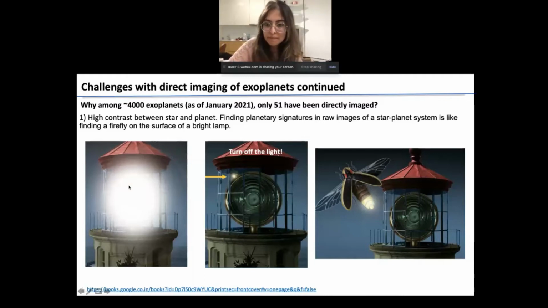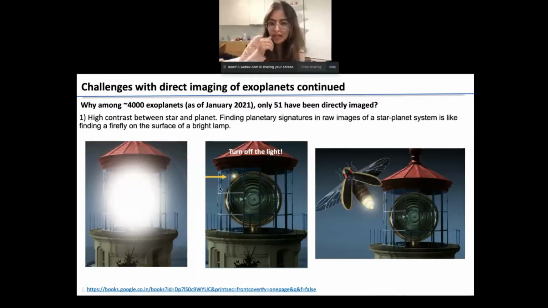So, it's extremely hard. A planet is roughly a billion times fainter than the star, so it's extremely hard to see anything faint around a star, even if you block the light of the star, because there's another challenge when we try to observe a planet-star system from ground-based telescopes, from the telescopes which are on the Earth.